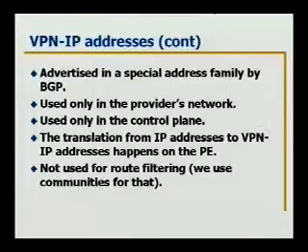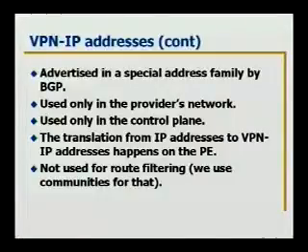This new address type, which is called the VPN-IP address, is advertised in a special address family by BGP and is used only inside the provider's network and only in the control plane. There is no forwarding based on these special addresses. The translation between a normal IP address and the VPN-IP address happens on the PE. The customer doesn't know anything about these addresses and never cares about them.